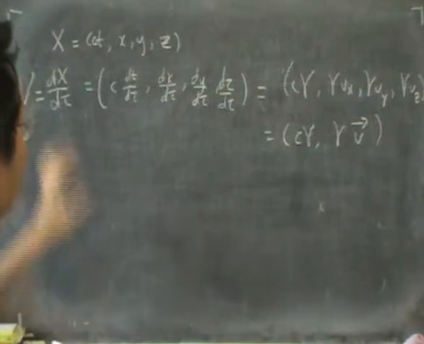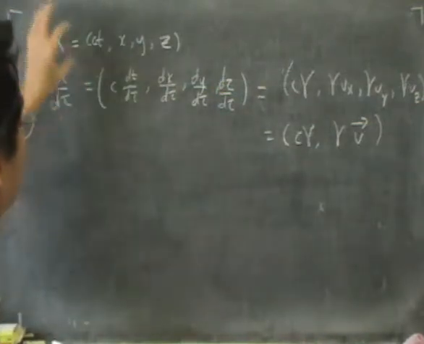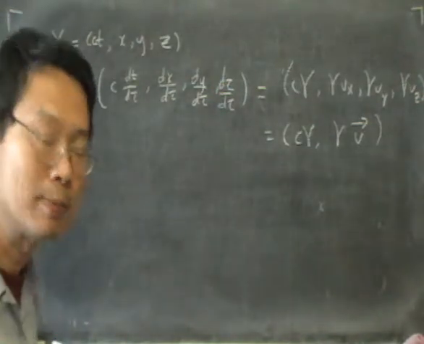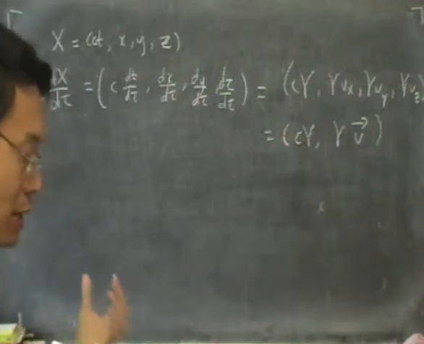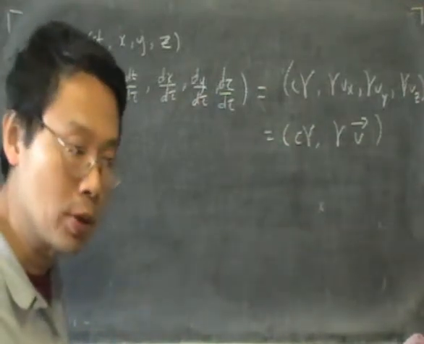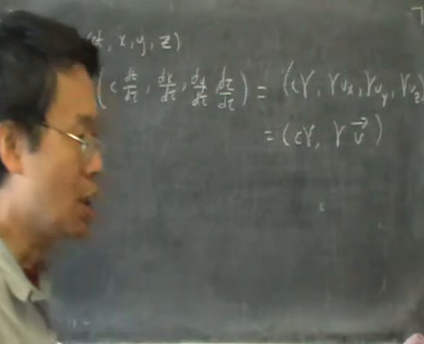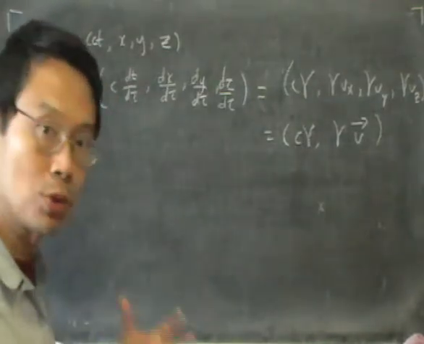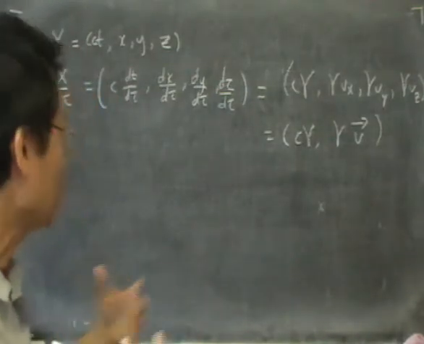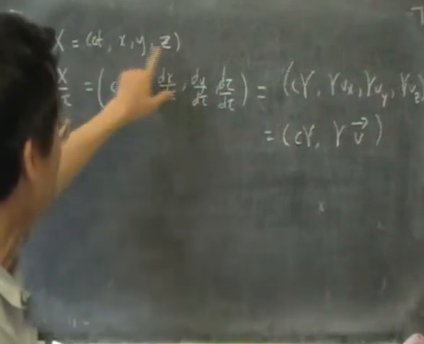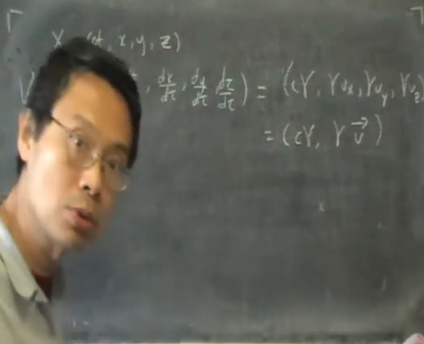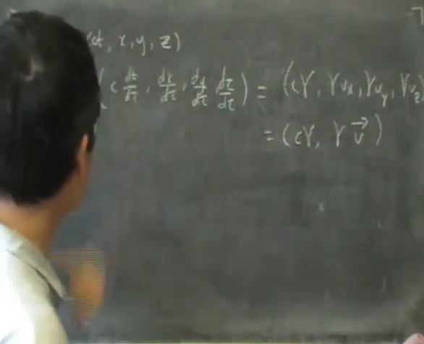It doesn't mean that it's a 4 vector simply because I've differentiated a 4 vector. A 4 vector is a vector that must transform according to the Lorentz transformation, and the only thing we know so far that transforms according to the Lorentz transformation is the space and time coordinates.